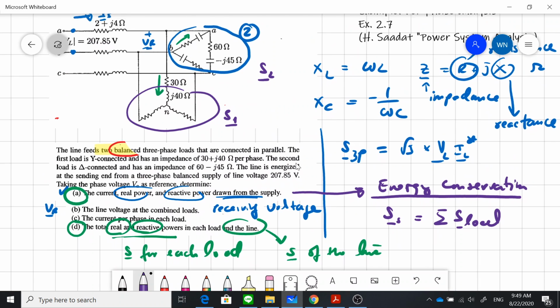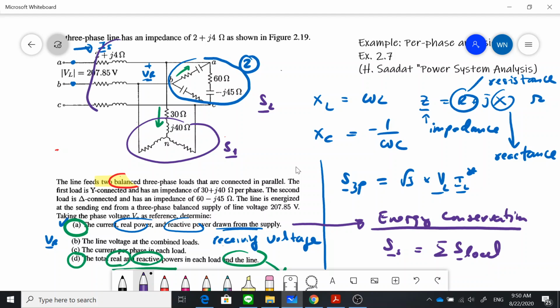And this is the complex power consumed by the line. So S_S is the complex power supplied by the source in this case.